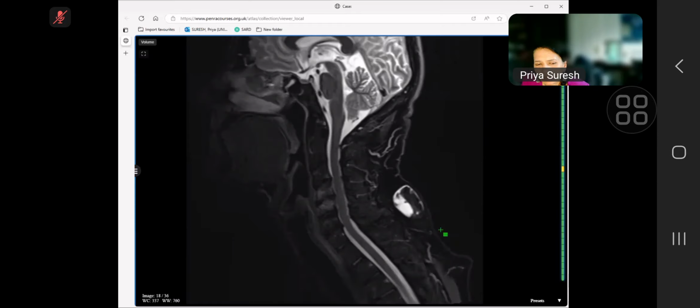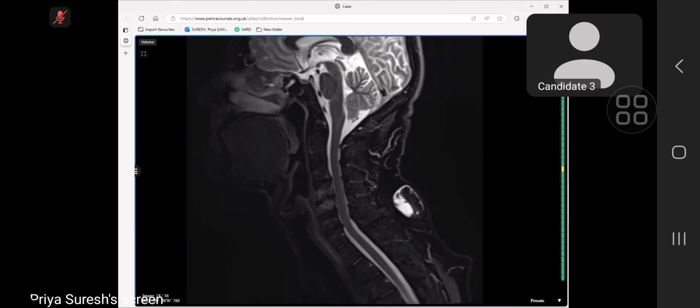Fine. And the lump itself, would you say it's a simple fatty lump? No, madam, it contains some myxoid component, or it is having some different component. I am right now not recalling the name.